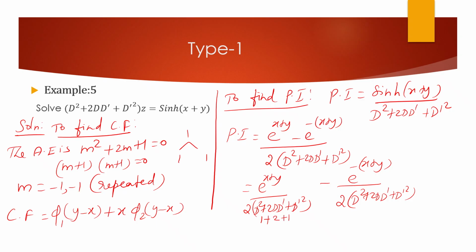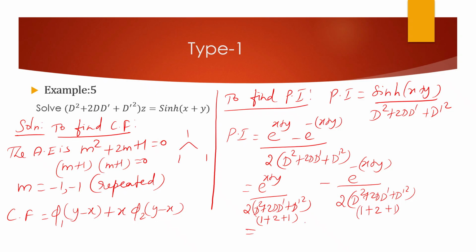In the second term it is 1, the whole square is 1, and d and d dash both are minus 1, so that comes as plus 1, so it is plus 2, and d dash square is again plus 1. So when you replace d by a and d dash by b in both the terms, you are getting the denominator as 4.